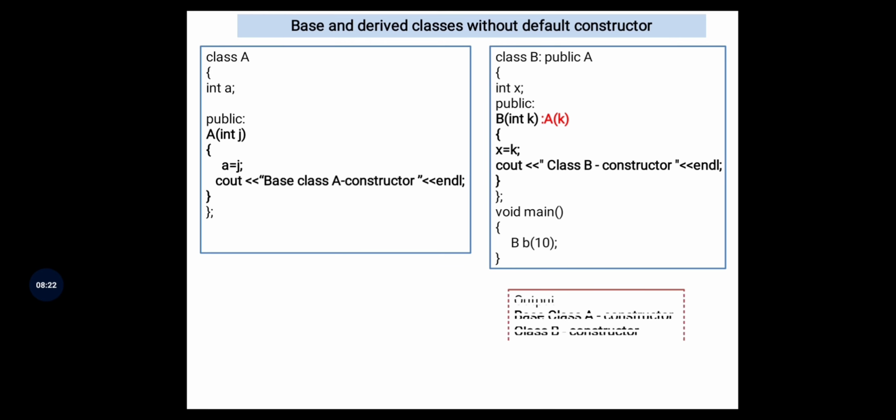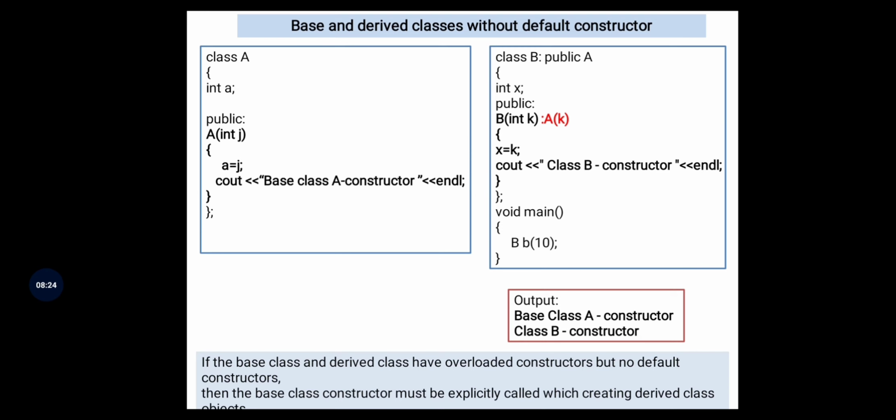And finally, we also discussed what happens if you don't have a default constructor in your base class and there is only one constructor which is a parameterized constructor. However, when you create an object of your derived class, it tries to look for the base class default constructor. So in case there is no default constructor present, then what happens?